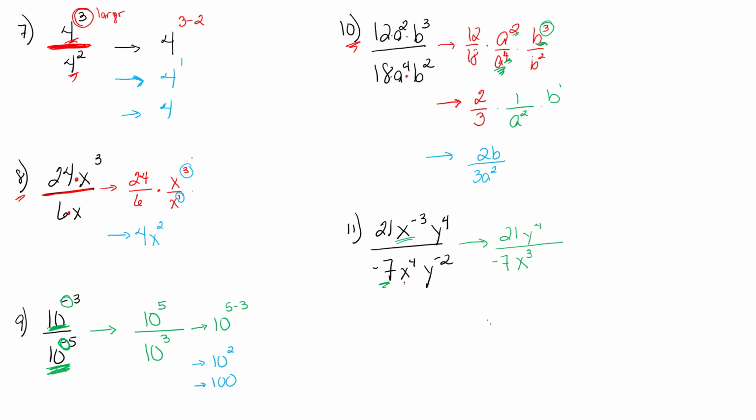This x to the power of 4, no negative exponent, it stays on the bottom, right where it is. And this y, having a negative exponent, says it doesn't belong on the bottom, it belongs on the top. And its exponent goes positive. Okay, so again, for us visual people, like we did in problem 10, where we separate them into 3 fractions, some of you might want to do that. See if you follow along with me as I write the answer.